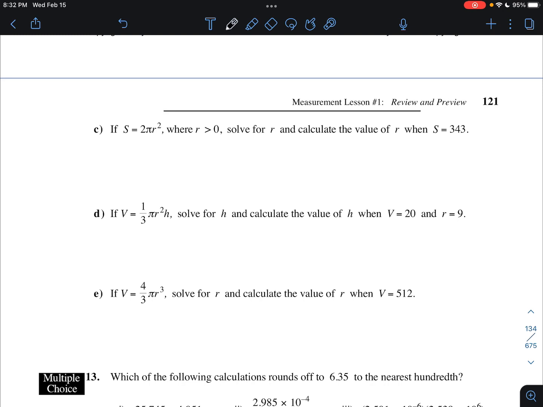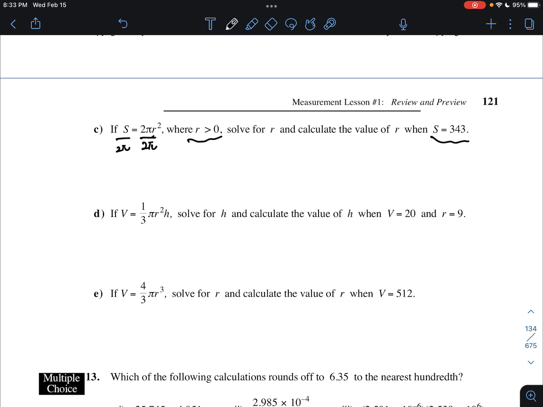And C, if S equals 2 pi R squared, and R is positive, solve R and calculate the value when S is this value. So the first thing we need to isolate R, and the first thing we need to divide by 2 pi on the right side, and don't forget to divide by 2 pi on the left side, so we need to balance.